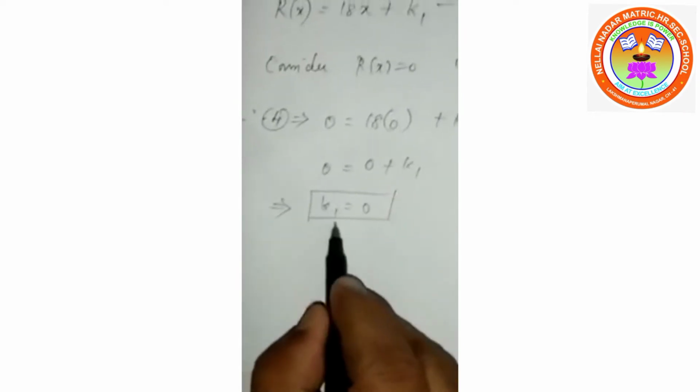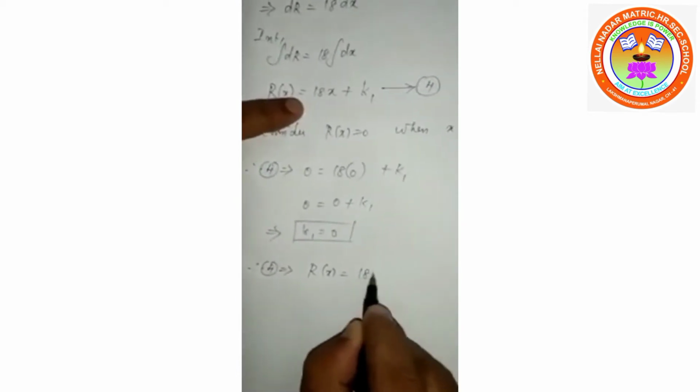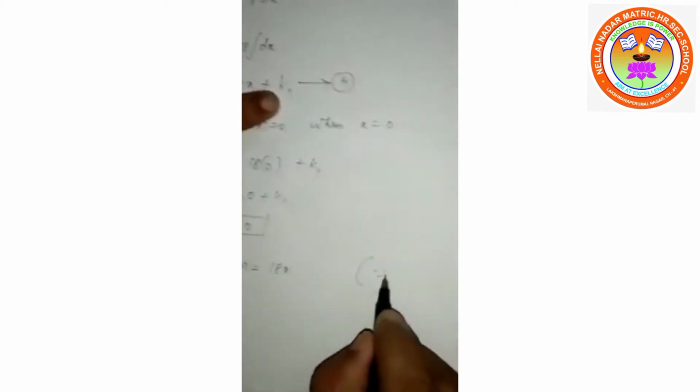Now substitute the value of k1 in equation number 4. Therefore, equation 4 implies r of x equals 18x plus k1, since k1 equals 0. Now you are asked to find out the profit function.